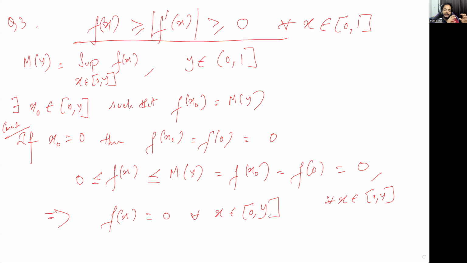The function is given to take the value 0 at the point 0, so automatically the maximum value becomes 0, and thus we are done. For this trivial case, we are done: the function is 0 in this interval.